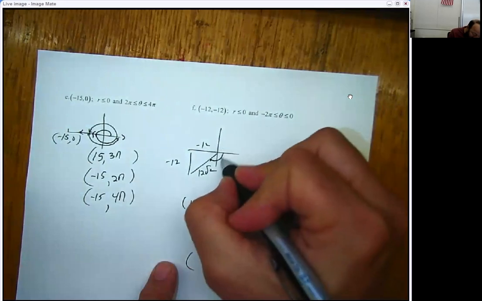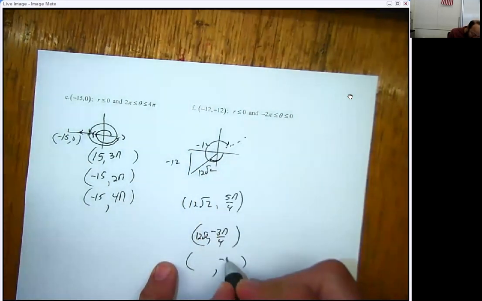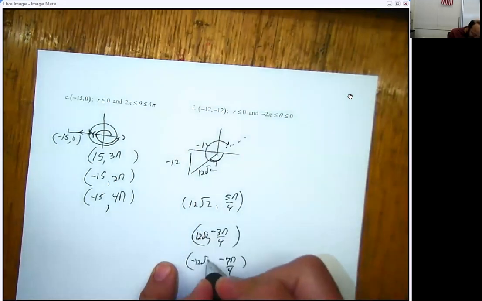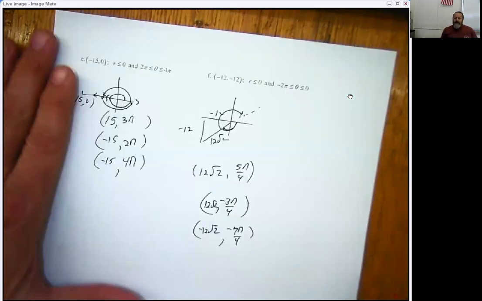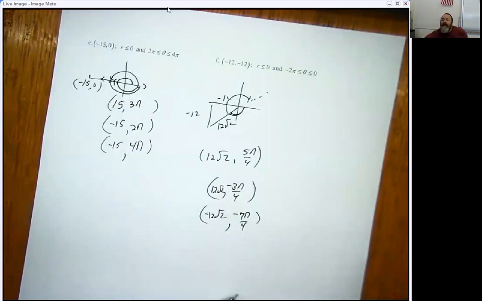I'm going to go backwards 7 pi over 4, which is facing 100% the wrong direction, but that's okay. I'm just going to tell my person that's looking for the treasure to go backwards, and they will land in that particular quadrant.